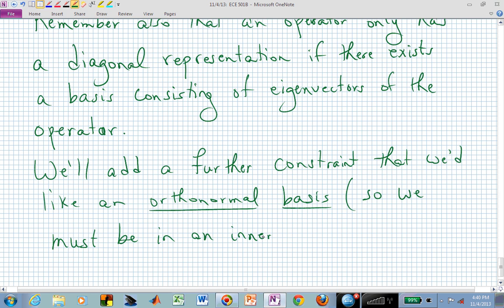And that was one of the reasons why we spent time in chapter 6. Orthonormal means that we need to have an inner product space. That gives us this length and orthogonality. So we must be in an inner product space.